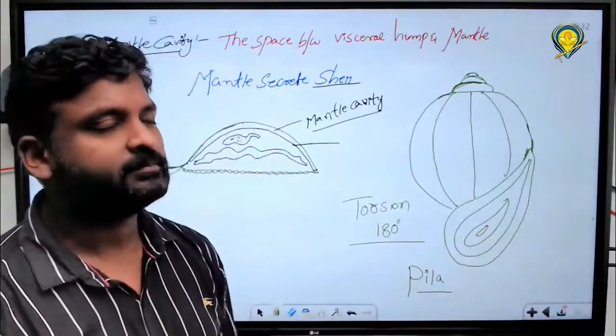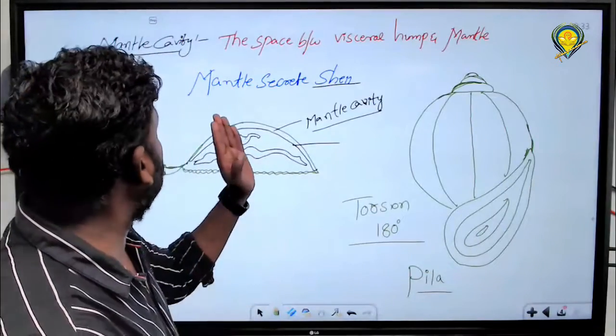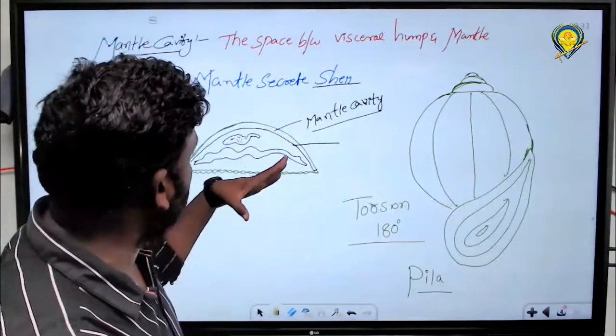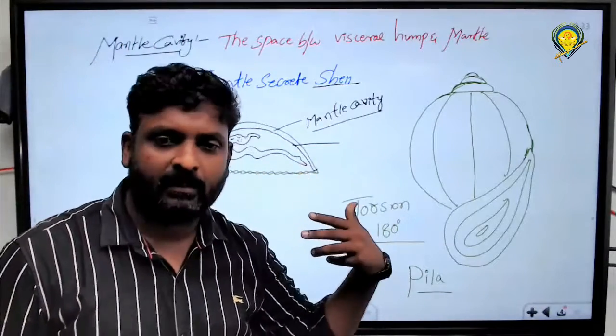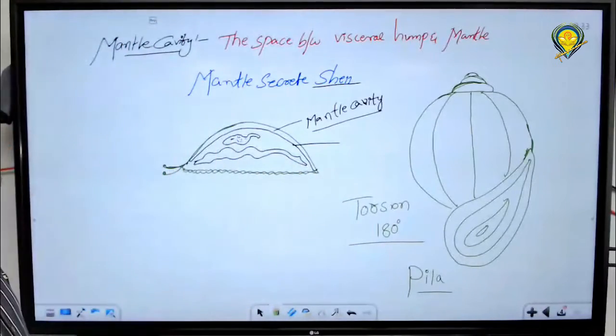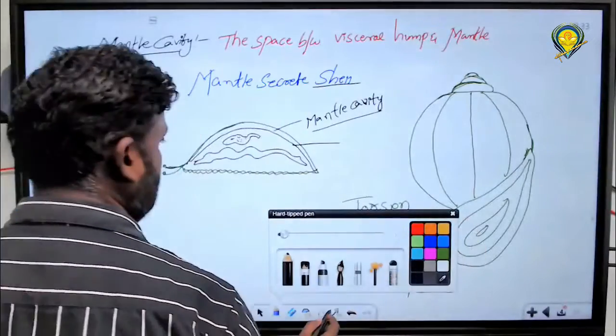So this is the diagram of Pila globosa, about the general structure of a snail. Next, examples we have to write. So many examples we have.